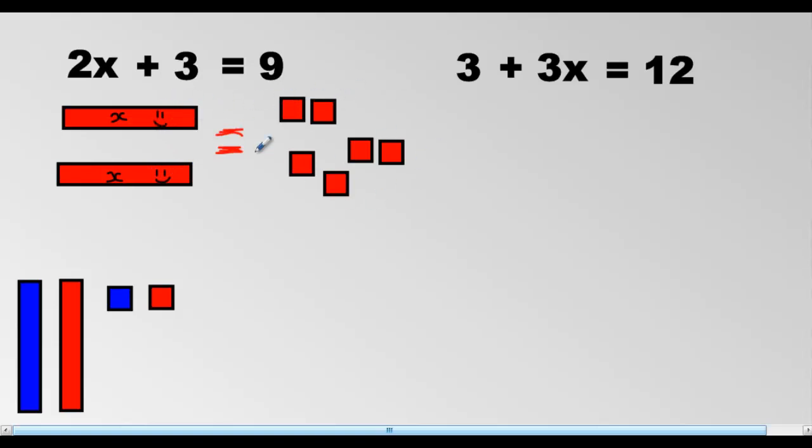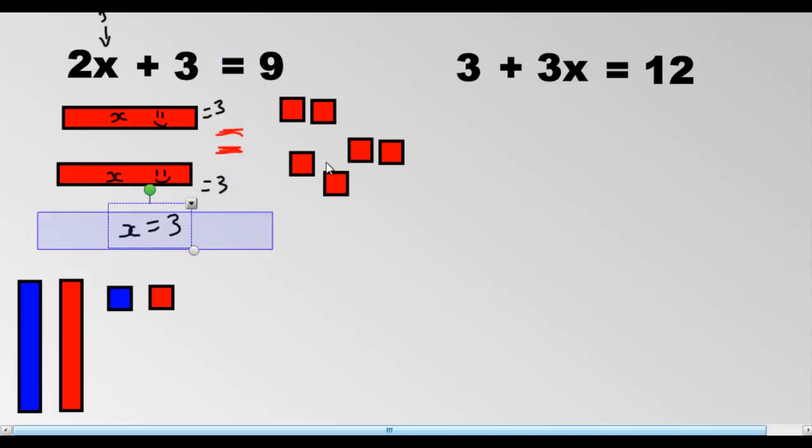They have to share all this stuff on the other side. I guess he can get 3, and this guy can get the other 3. So, in other words, x equals 3, right? That's it. And if we substitute 3 in here, you get 2 times 3. These are multiplied. That makes 6. Plus 3 is 9. 9 equals 9. Means we did it correctly.